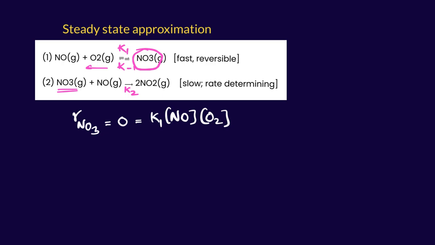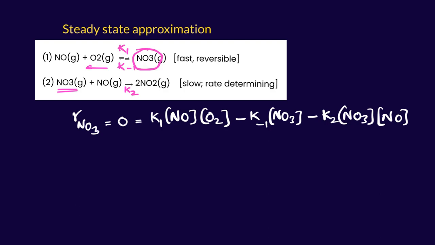That's why it is a positive rate of formation. Next, in the backward reaction it is consumed, therefore minus, because in the backward reaction NO3 is the reactant. Therefore it is represented as K minus 1 and NO3 concentration. In the second step it is also consumed, again minus K2 NO3 concentration NO concentration.